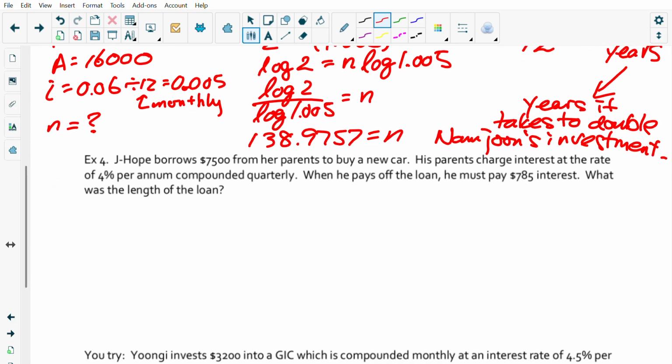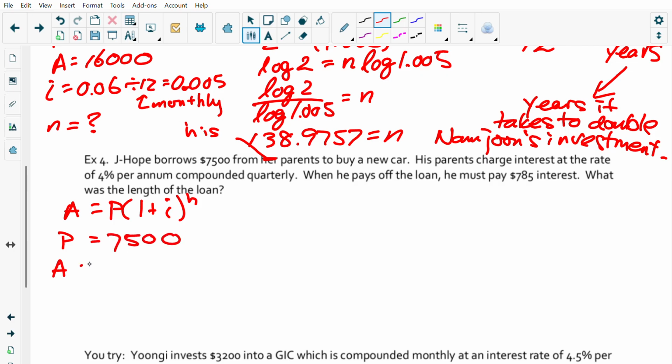Awesome. Next one, J-Hope borrows $7,500 from his parents to buy a new car. His parents charge interest at the rate of 4% per annum compounded quarterly. When he pays off the loan, he must pay $785 in interest. What was the length of the loan? So you can use this finance formula for loans as well. A equals P times 1 plus i to the n. Principal is 7,500.